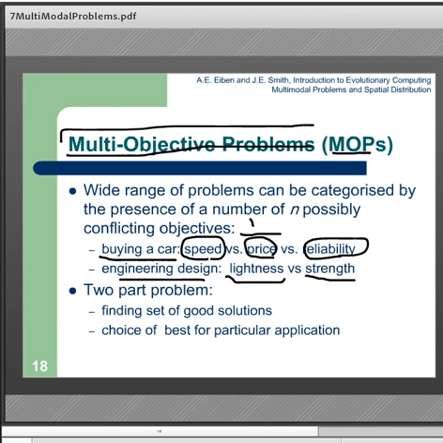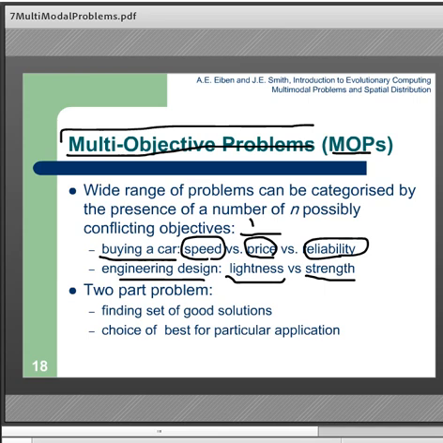A multi-objective problem refers to problems that have more than one fitness, but these fitnesses are not the same.